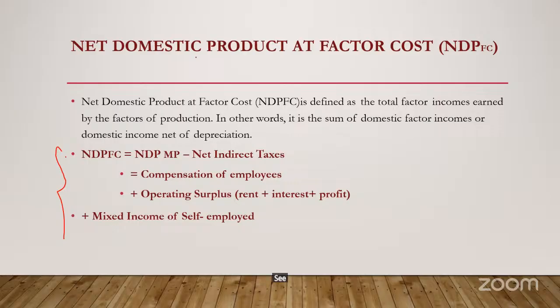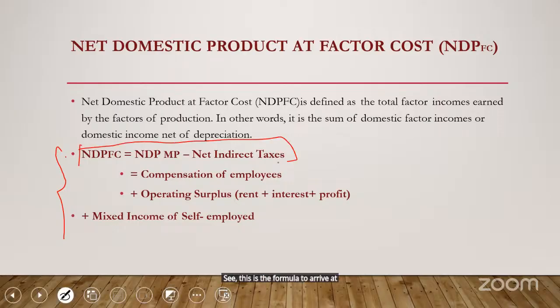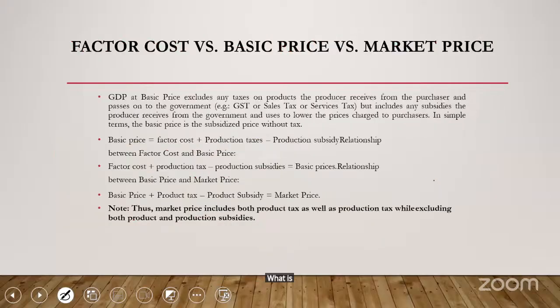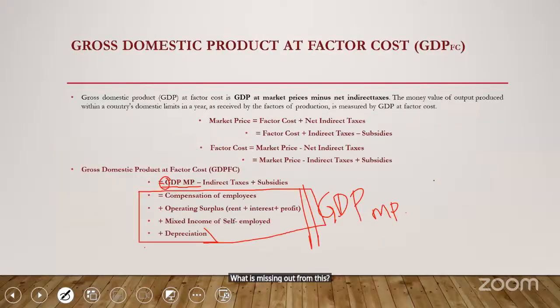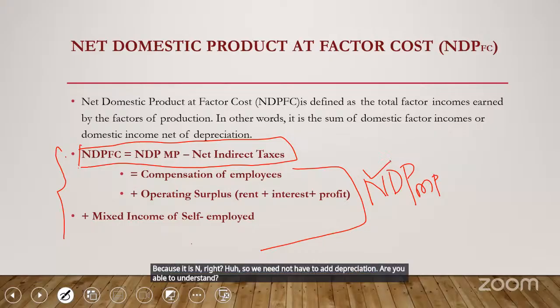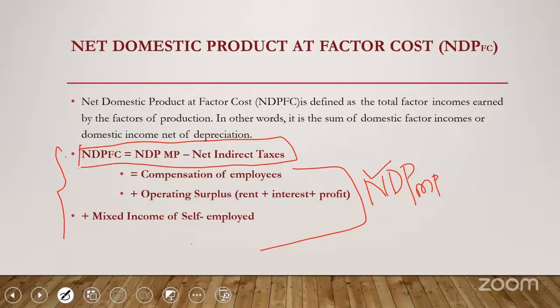See, this is the formula to arrive at NDP-FC from NDP-MP. What is missing from this equation? Depreciation. Because it is N, right? So we need not add depreciation. Are you able to understand? Good, good. Please take down.